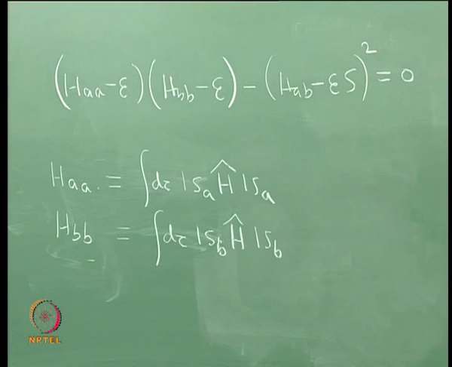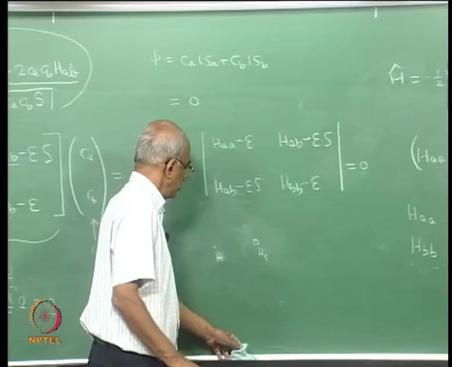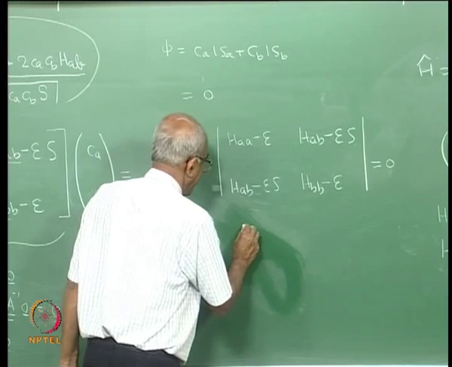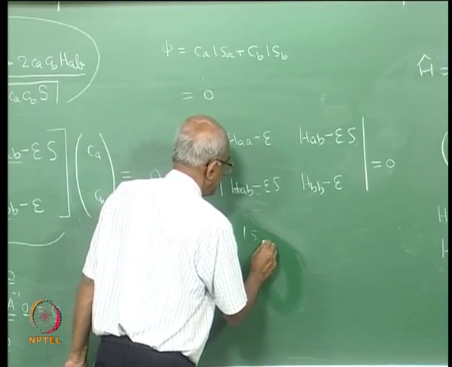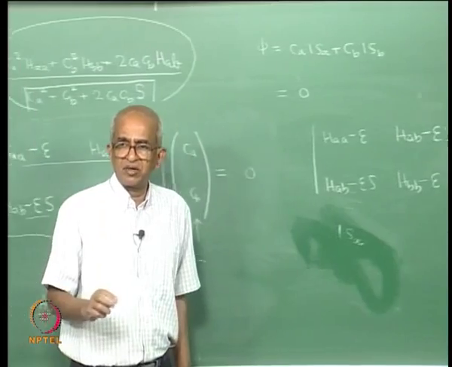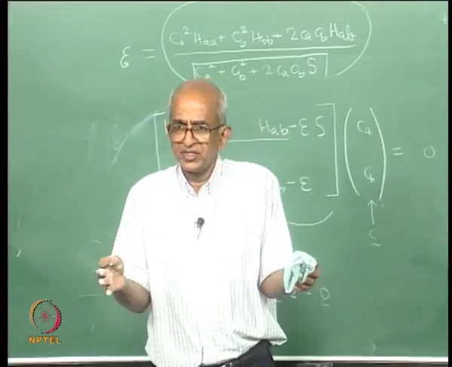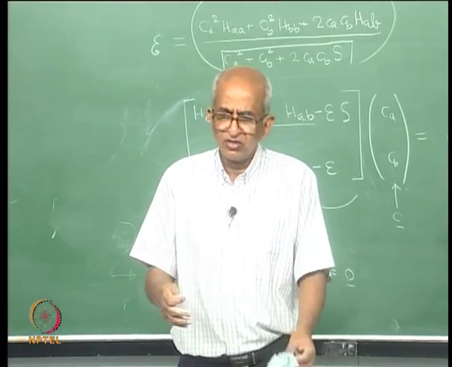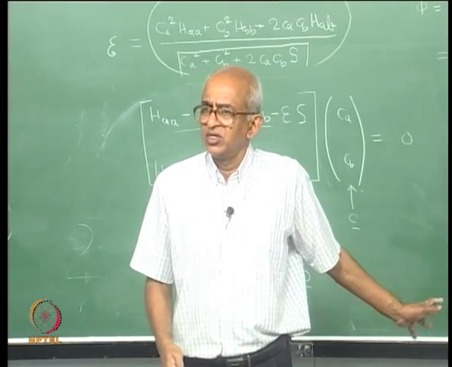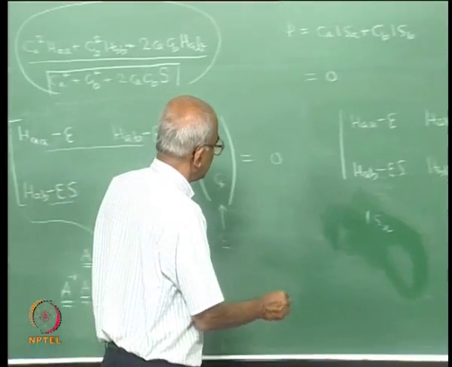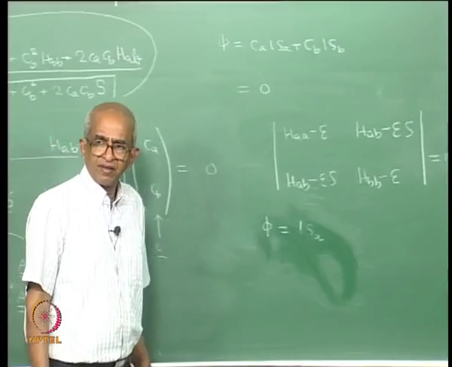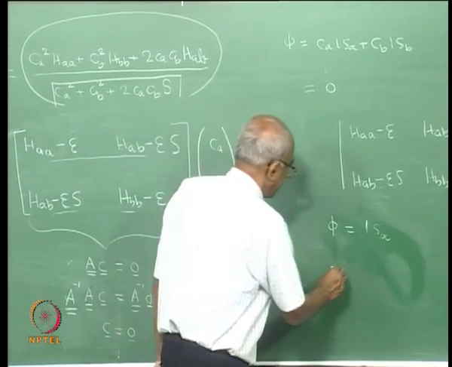Now, suppose I say that I am going to try the function 1sa as a trial function. Suppose I am not going to take this linear combination Ca 1sa plus Cb 1sb, but instead I just want to use the atomic orbital as my trial function. That means, I am going to try phi to be equal to 1sa. Then what will be the value of energy that I will get?